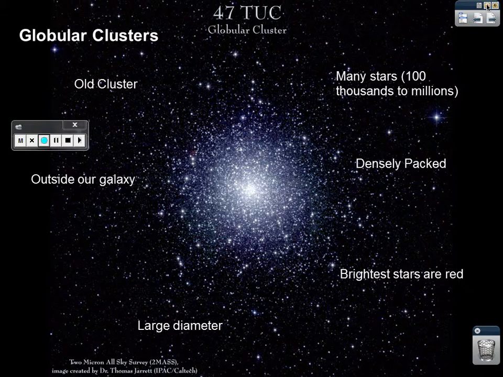They have lots of stars, densely packed, and because they're old, most of their young, bright blue stars have died. So they tend to look more orangey. That one there is taken through a blue filter, which is why it looks more blue than it should. Okay, let's move on.